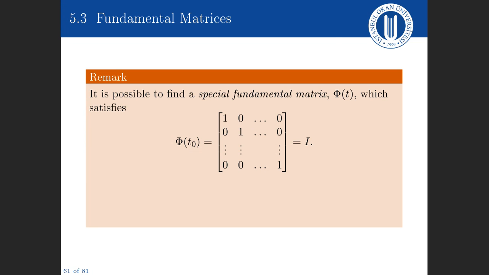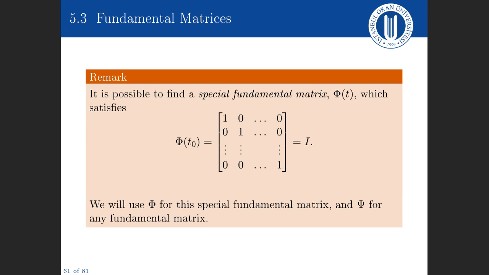Moving on to the next idea. It's possible to find a special fundamental matrix, which I'm going to call capital Phi, which satisfies that Phi at time t0 is the identity matrix. For this special fundamental matrix, I'm going to use the notation capital Phi.